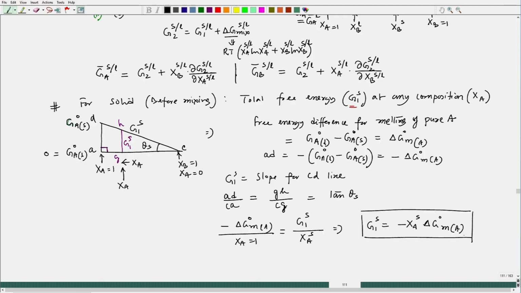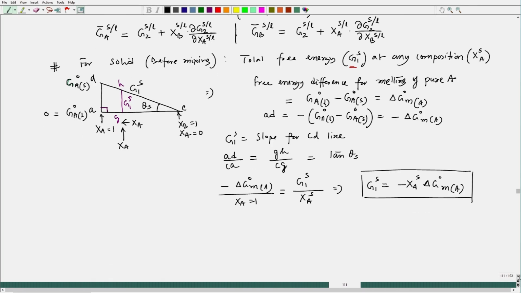Fine. That is the free energy at any composition XA, and remember we are doing it for solid. Now we can get G2 for solid, which is nothing but G1 solid plus delta G mix solid.